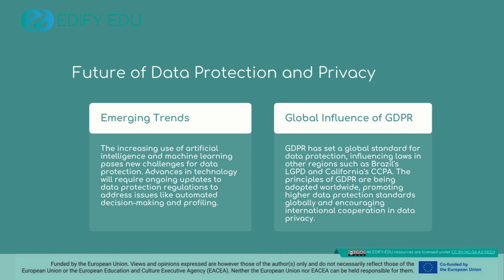Additionally, GDPR has set a global standard for data protection, influencing laws in other regions such as Brazil's LGPD and California's CCPA. The principles of GDPR are being adopted worldwide, promoting higher data protection standards and encouraging international cooperation in data privacy. This ongoing evolution ensures that data protection regulations remain robust and relevant in the face of rapidly advancing technology.